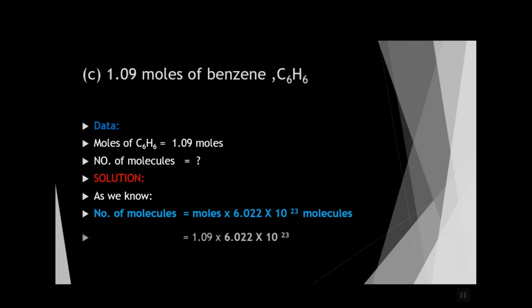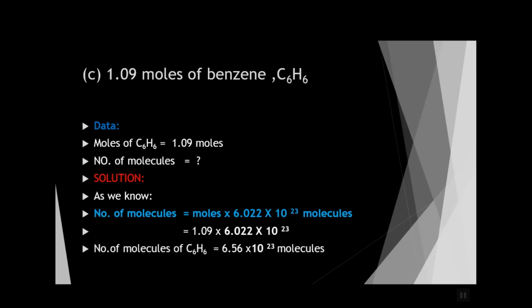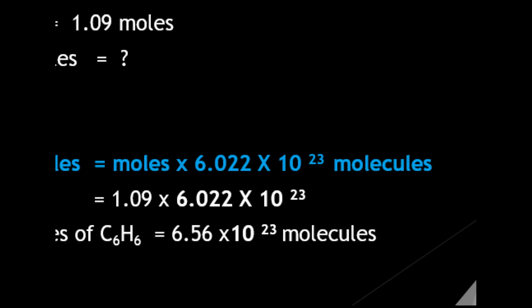Now just put the values. Number of moles is 1.09 and 6.022 exponent 23. Hence we get the answer: number of molecules of benzene is equal to 6.56 exponent 23 molecules. So students, in 1.09 moles of benzene, there are 6.56 exponent 23 molecules of benzene. This is our answer.